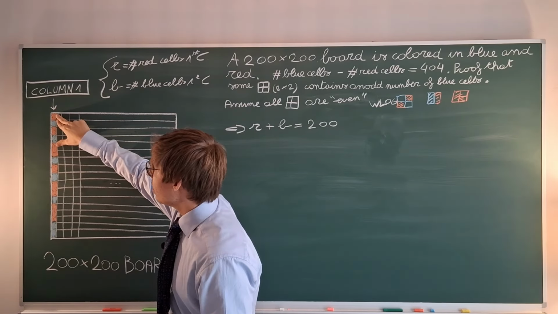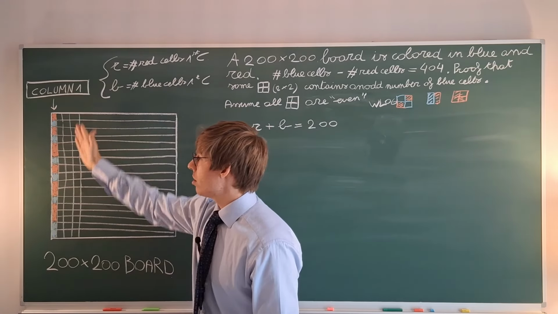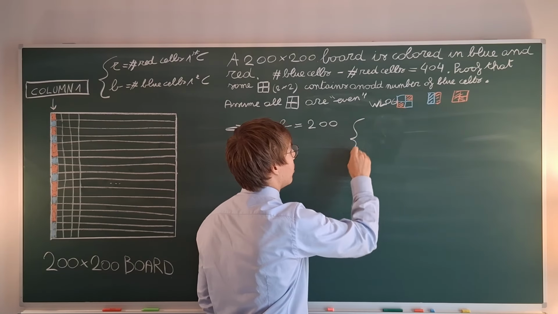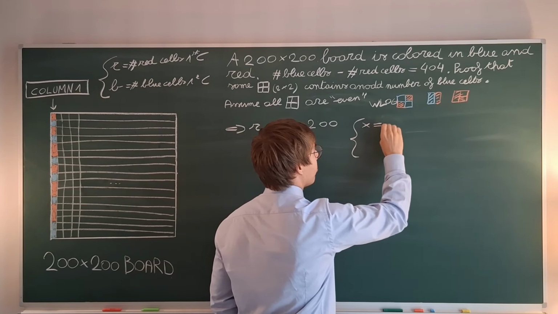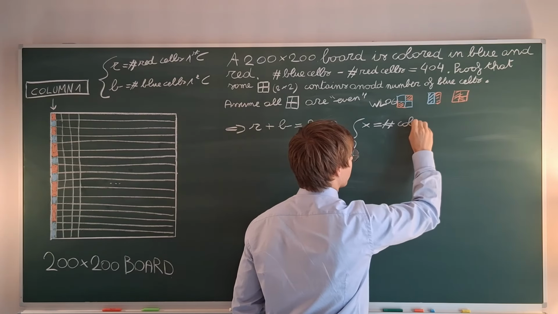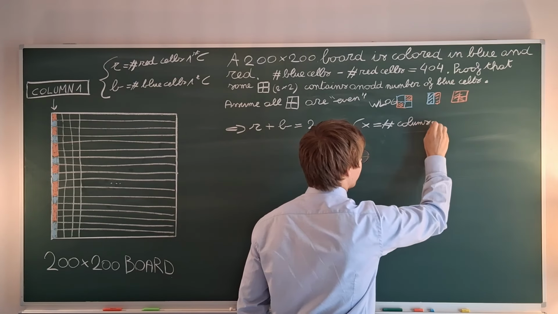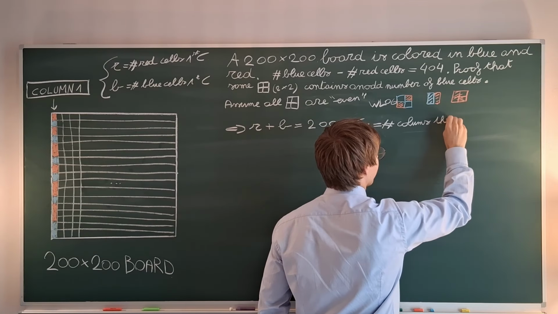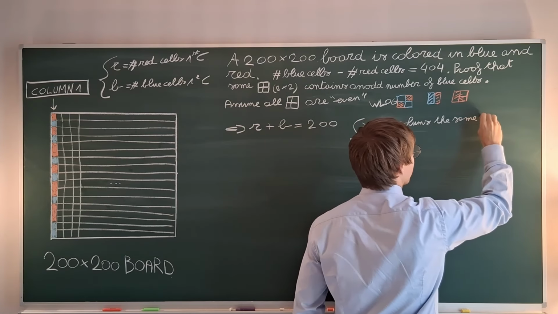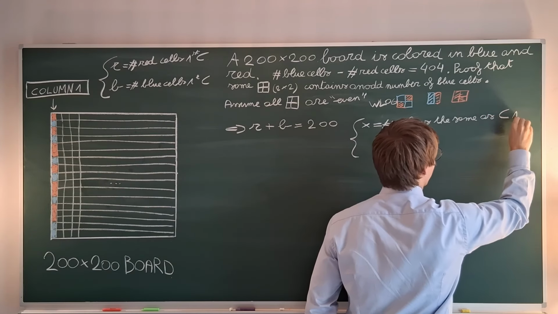And this logic yields for all squares, so we get that result. So let me call X as the amount of columns that are the same as column 1.